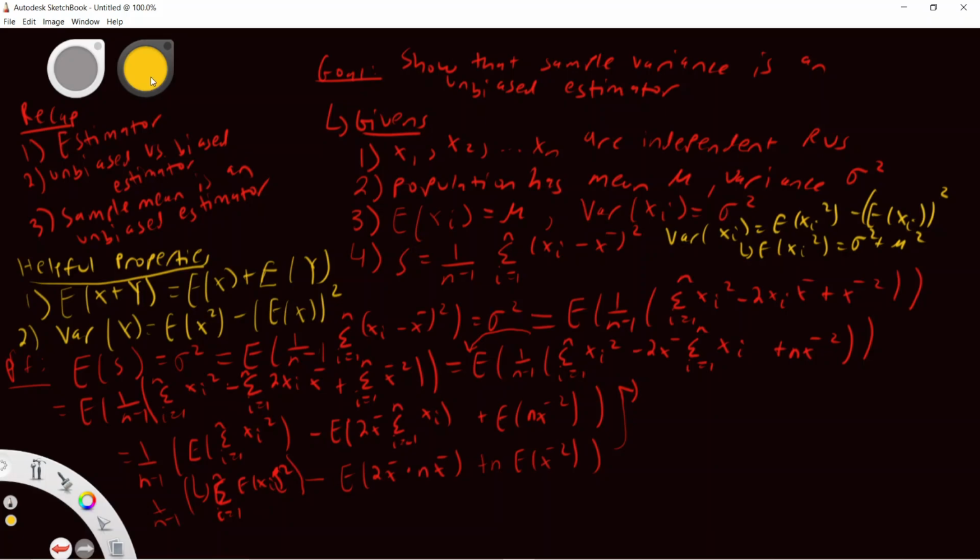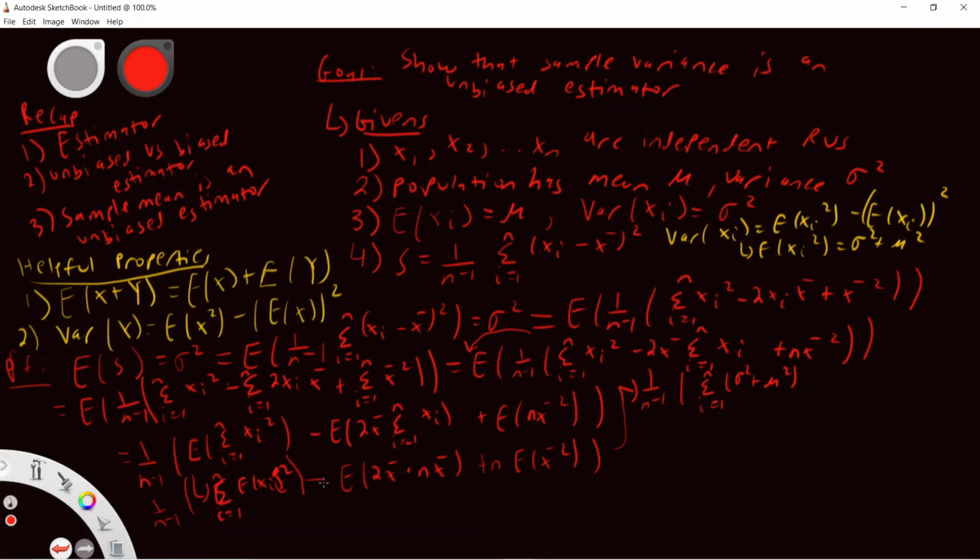So change our color back to red. So this is going to be 1 over n minus 1 times the summation from i equals 1 to n of sigma squared plus mu squared. And then we're going to handle these two terms in an interesting way. Remember how we said that the expectation of x plus y is the expectation of x plus the expectation of y? Well, this equality applies in both directions.